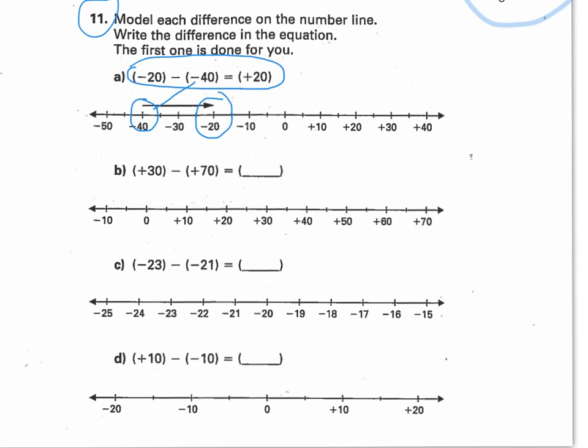Here is my ending number. I count the difference. 5, 10, 15, 20. I've moved 20 spaces to the right. That's why it's +20. You will complete B, C, and D. Good luck.